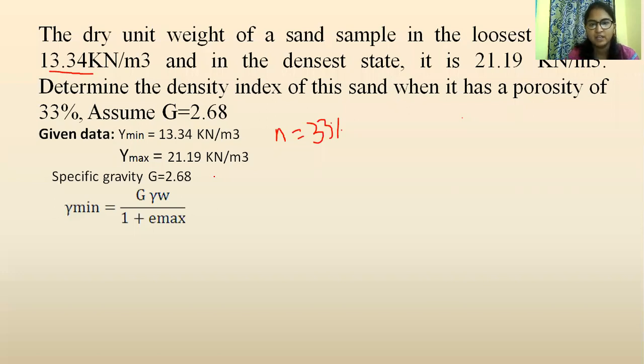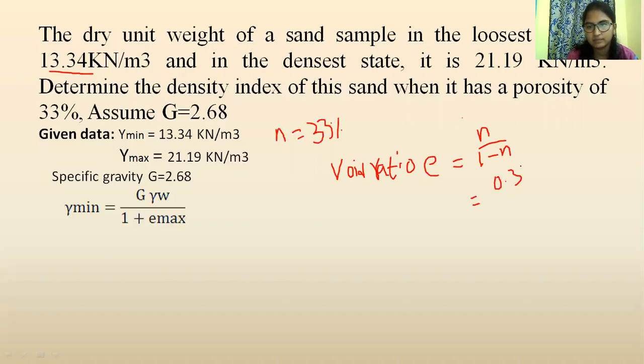Here, n is already given as 33%. Now calculate the void ratio. e is equal to n divided by 1 minus n. n is equal to 33%, so 0.33 divided by 1 minus 0.33.